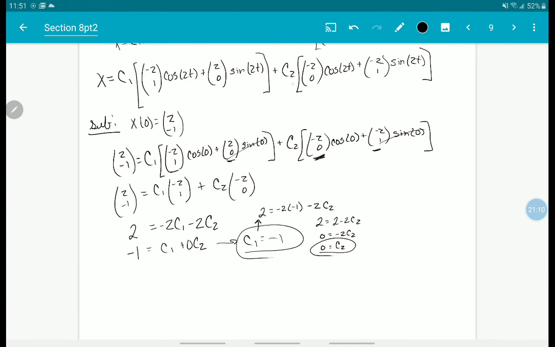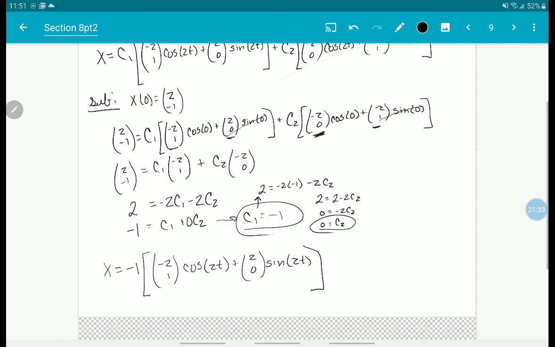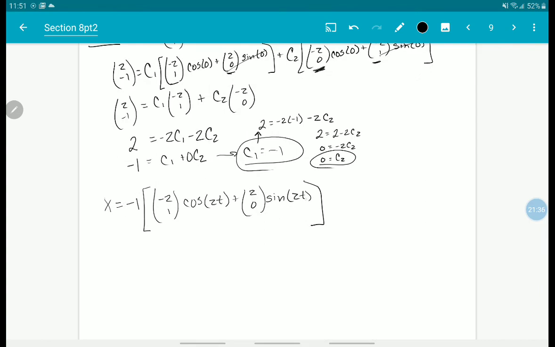the 0 is going to go in for this guy, and that whole piece is going to be gone. So x is equal to negative 1 times x1. And I'm going to simplify this. This will go to both of those pieces. So we're going to have 2, 1 cosine of 2t plus negative 2, 0 sine of 2t.